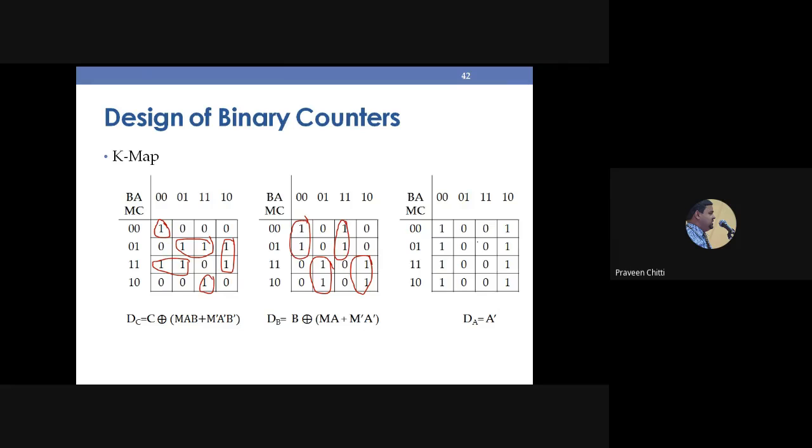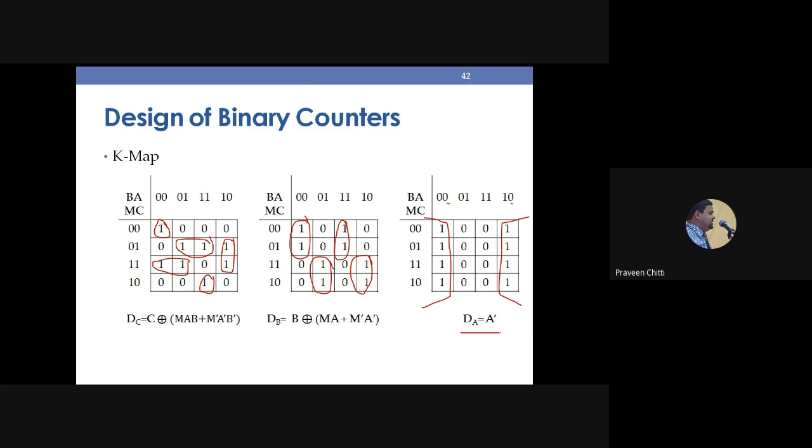And lastly, in the third K-map, how should we do the grouping? We can form an octet, combining these 4 and these 4. If you combine, you will get this as the common term, and that's what is written: DA equal to A bar.